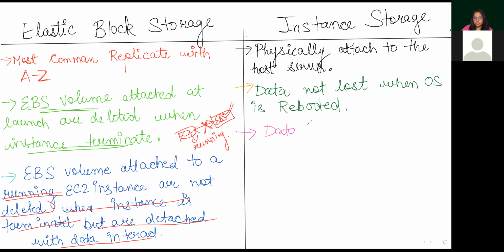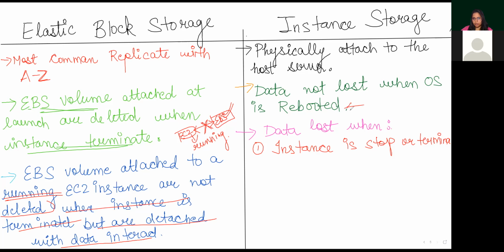Now, what are the conditions in which the data can be lost? Data is lost when the instance is stopped or terminated. In this case, it is like your computer RAM.